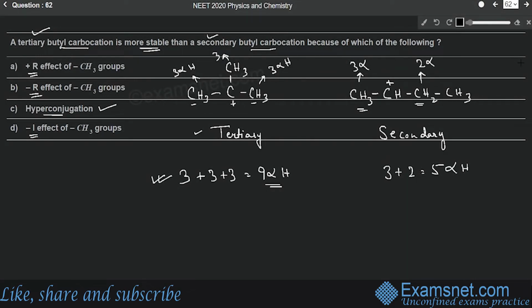So let's write it down. The number of alpha hydrogens for tertiary butyl carbocation is more than that in secondary butyl carbocation. Therefore, stability will also be in the same order. Tertiary more than secondary. Got it?